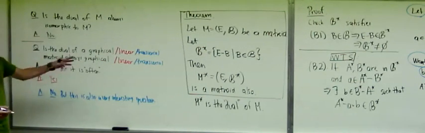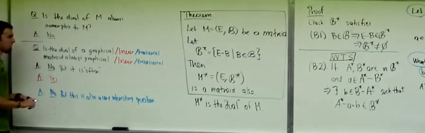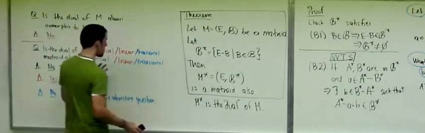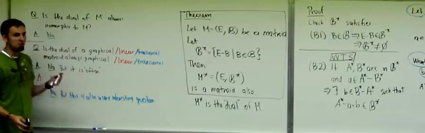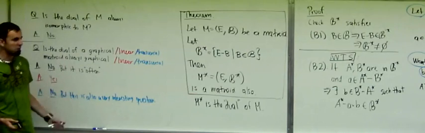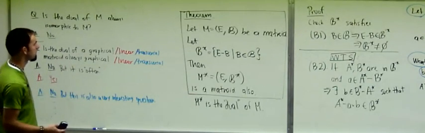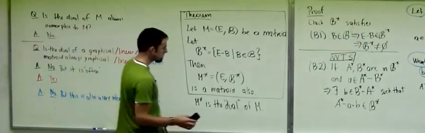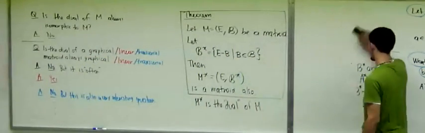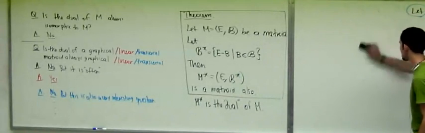I'm sure you can come up with a million more questions, and these are all good questions as long as we agree that duality is a nice thing. If duality is a boring thing, then there's no reason to care about these questions. Okay? And so the next point that I want to make is that duality is actually an amazing, amazing notion.